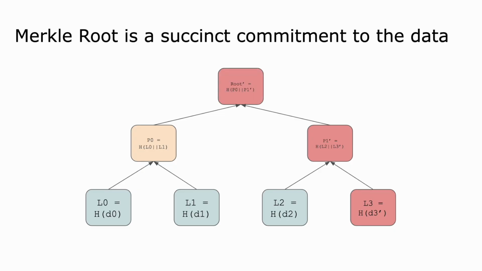So if all we get access to is the root node, I don't even need the whole tree or the whole data set to detect tampering. If the root hash changes unexpectedly, then I know that the data has been tampered with. And it's also a very small value, which is 1 hash output. So that's the first very handy property.